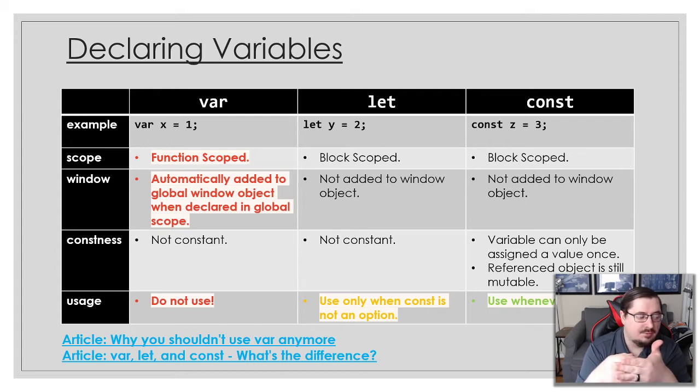I can say const z is equal to 3, but if my very next line of code was z is equal to 4, I would get an error on that line. So that prevents you from changing it.